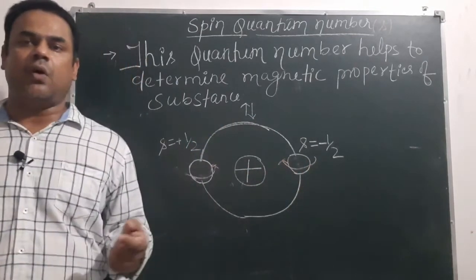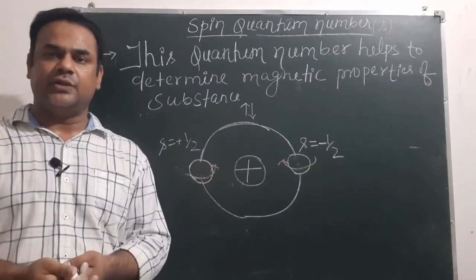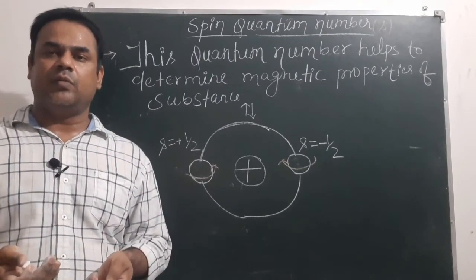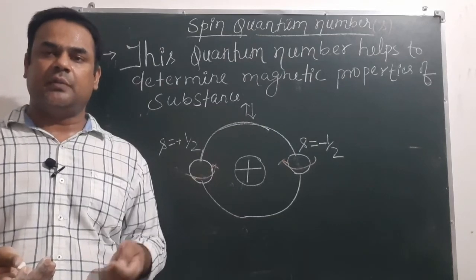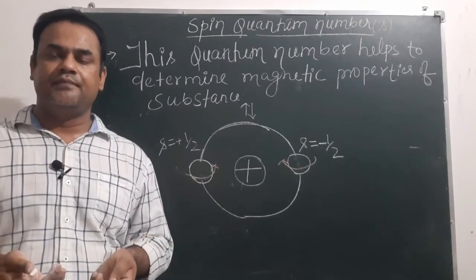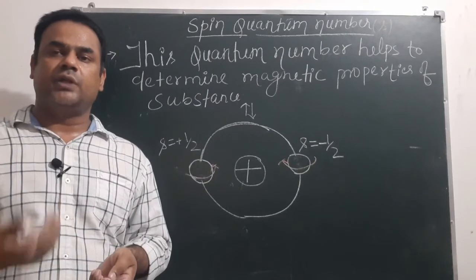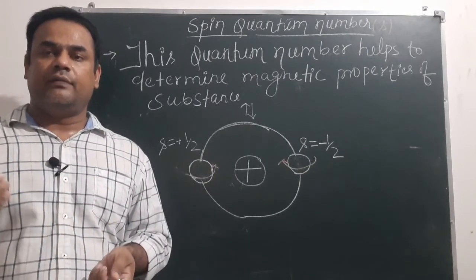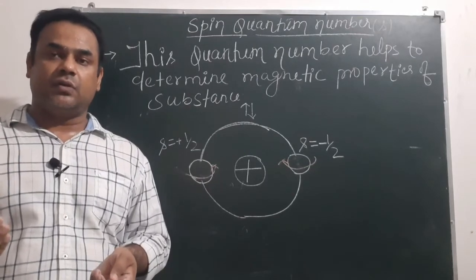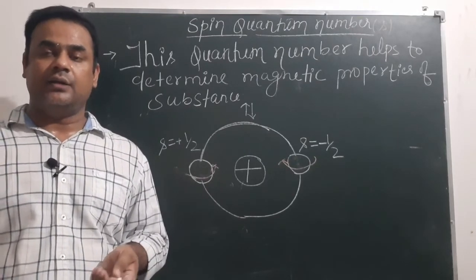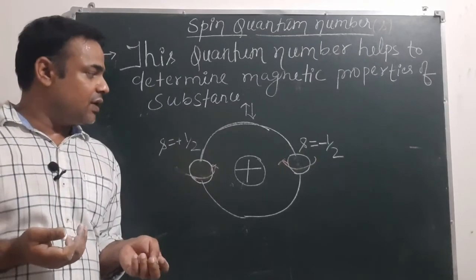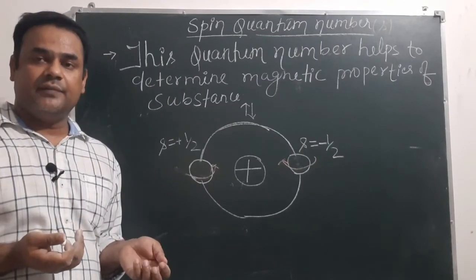So this was all about four different kinds of quantum numbers. Let's summarize. Principal quantum number tells us about the number of shells, number of orbits, distance of electron from the nucleus, and energy of the electron, the energy of the system, for hydrogen or hydrogen-like systems.